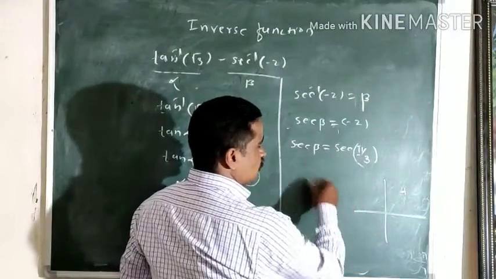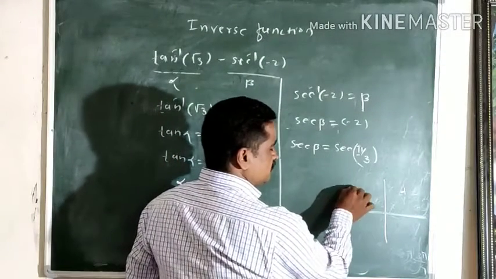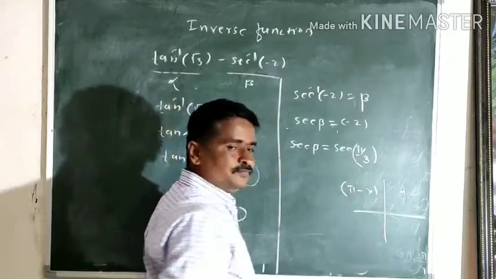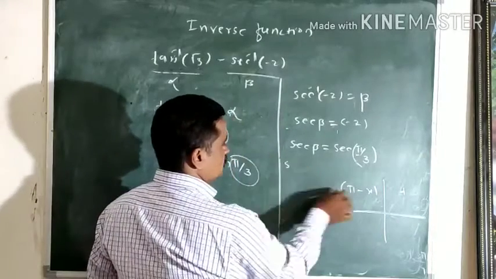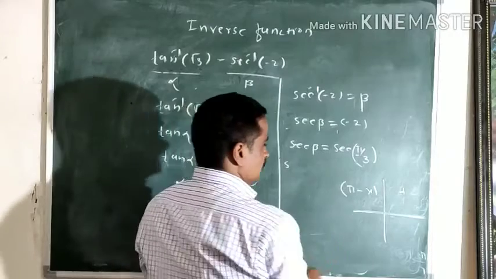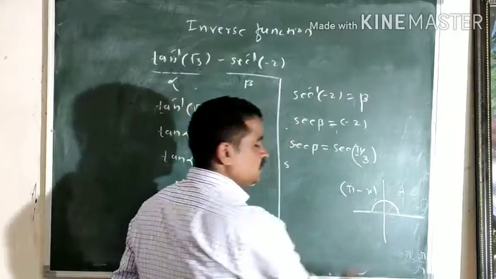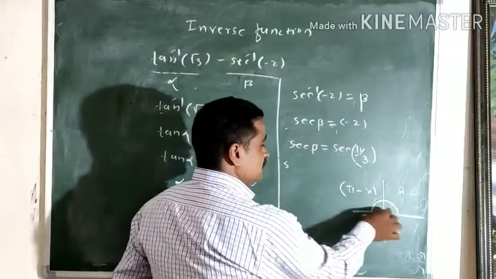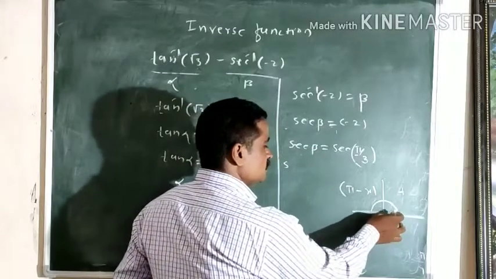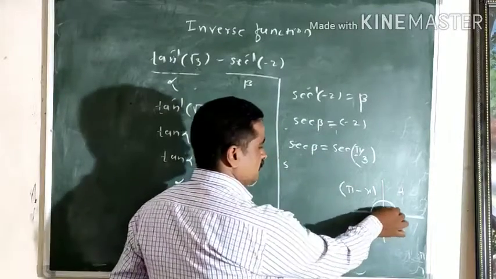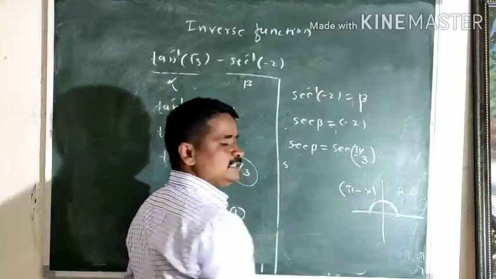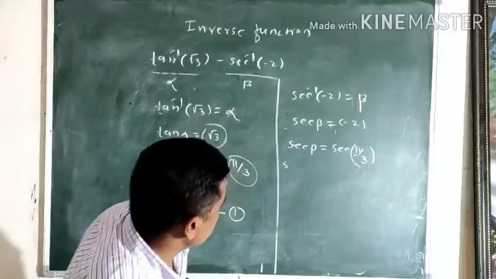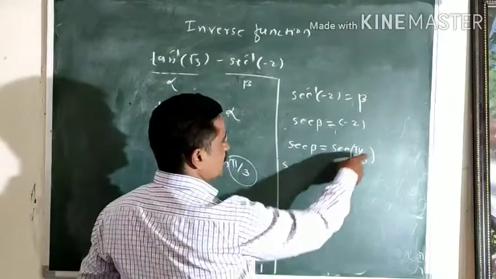Therefore cos is negative in the second quadrant, and the solution in the second quadrant is pi minus x. Why do we choose the second quadrant? Because we have to find the value of sec between 0 and pi, and sec beta is negative.